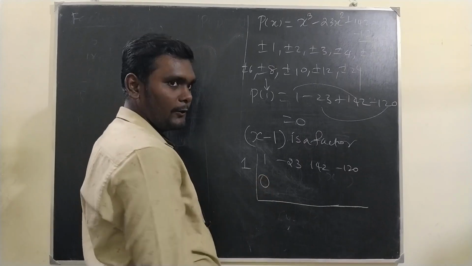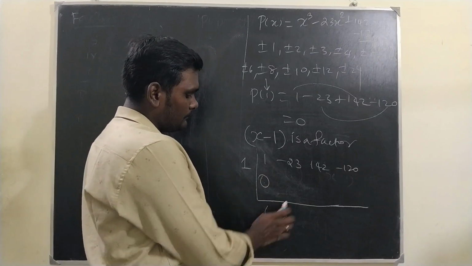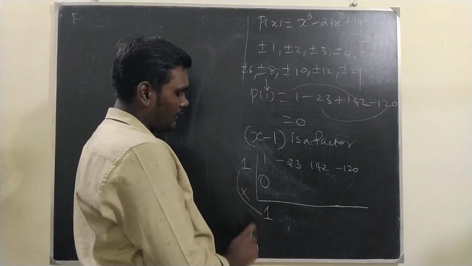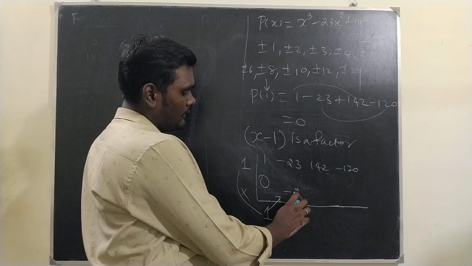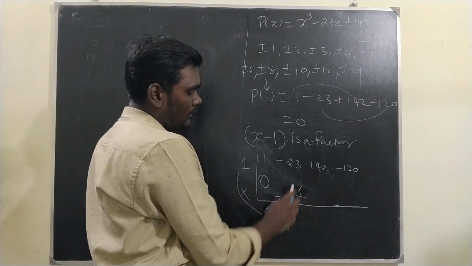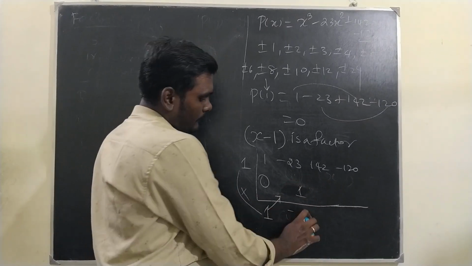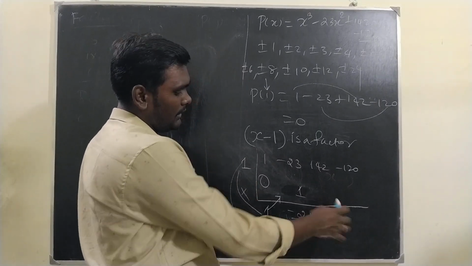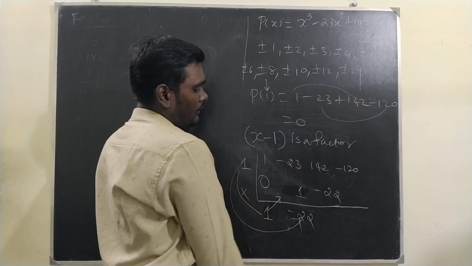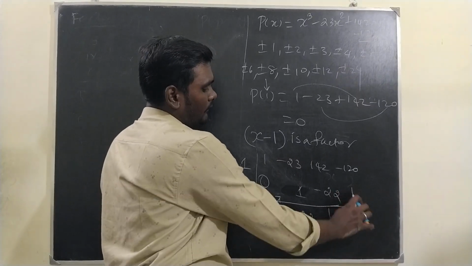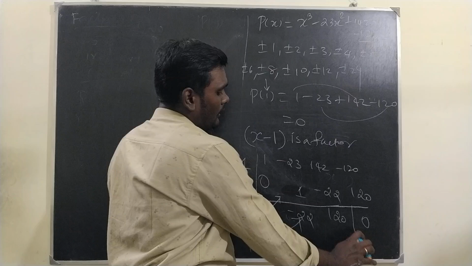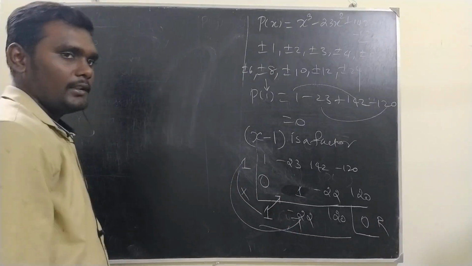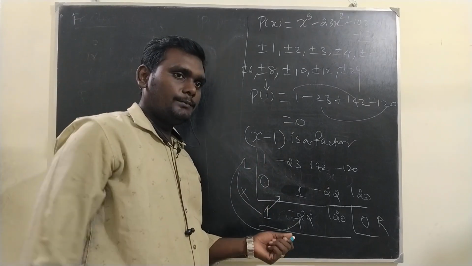We always start with a 0. 1 plus 0, 1, and then these two numbers have to be multiplied and written here. So that is 1. When you add this, minus 22, and then again we multiply this. Then we get minus 22. So we got plus 120. If you add plus 120, we will get 0. What we obtained at last is the remainder. What we have here is the quotient. This synthetic division will do.